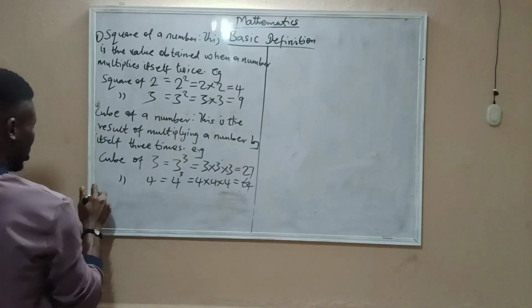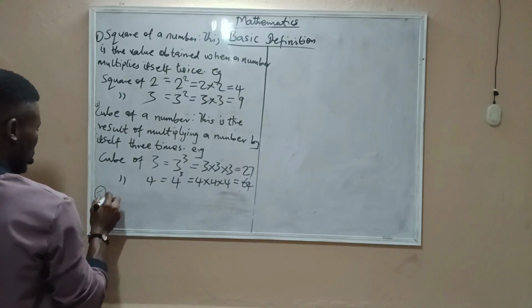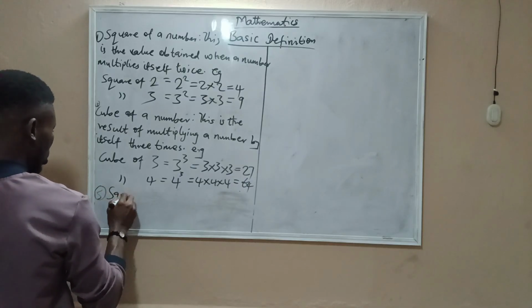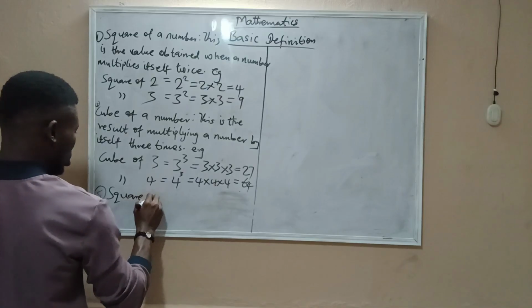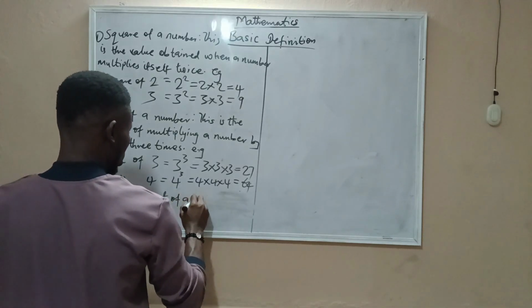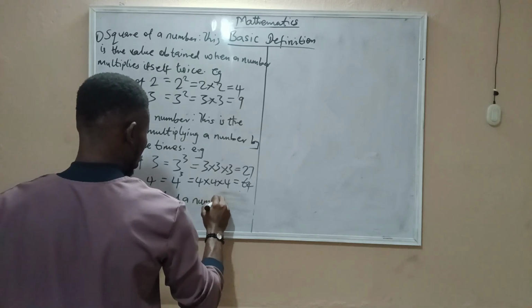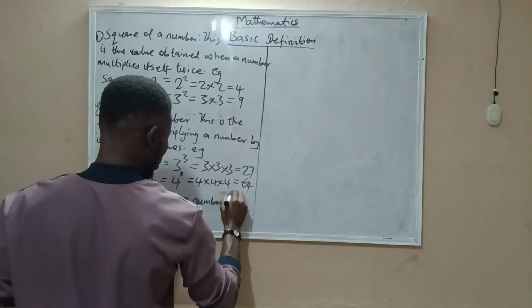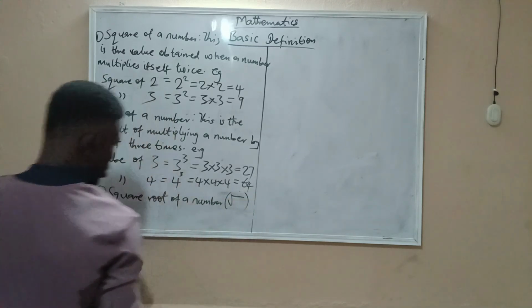Then, okay, the third one is square root of a number, which can be denoted with this square root sign.